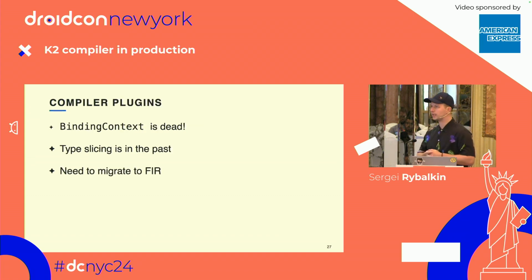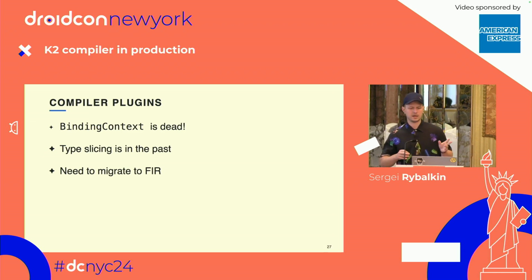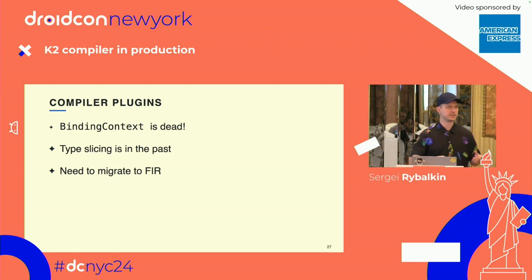On the compiler plugins front, binding context was gone. Type slicing that we usually used in the past to get some information about interfaces or annotations that we needed, gone. And we needed to migrate everything to FIR, which was quite an interesting exercise. Some of the API methods returned null and did it inconsistently for binding context.